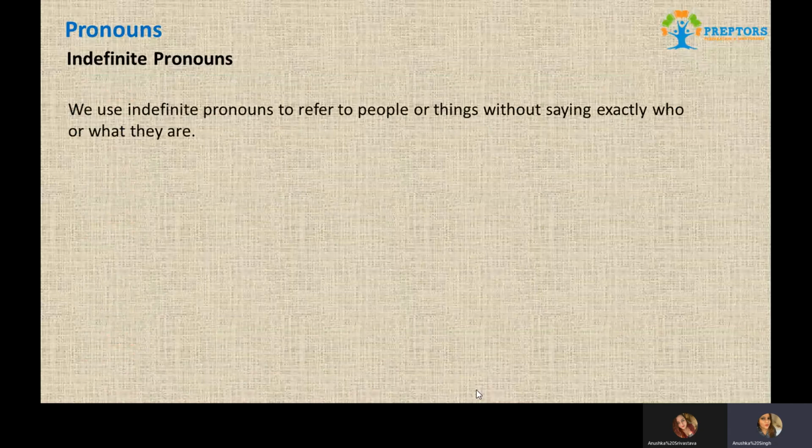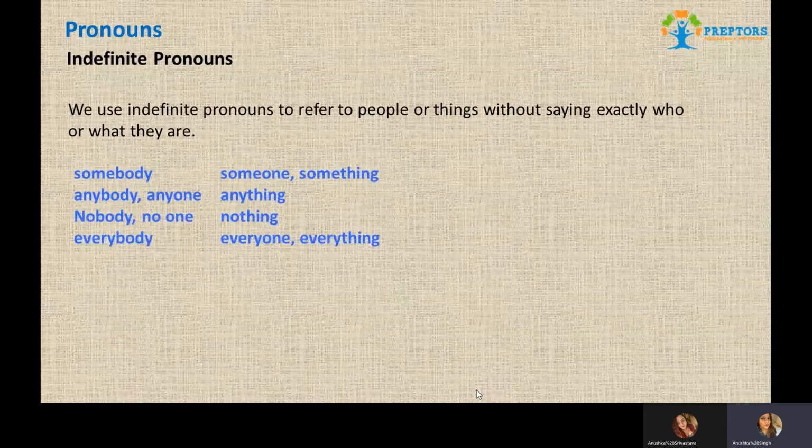We again have indefinite pronouns. Indefinite pronouns are those pronouns which do not have any number, which do not have any gender, and are broadly indefinite. So we refer to indefinite pronouns without telling who or what they are referring to. Somebody, someone, something, anybody, anyone, anything, nobody, no one, nothing.